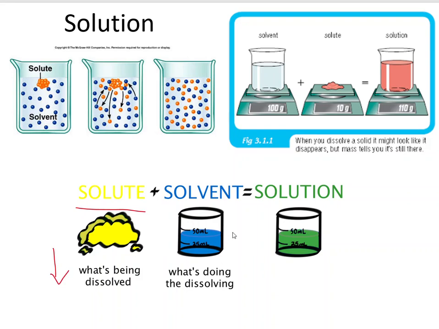The solvent is what's dissolving, and it's what you have the most of. So if you have more of this than you do of that, then this will be the solvent. The solution is what happens when they're both together. There's your solute and the solvent, and because of Brownian movement, these guys are going to space out, they're going to diffuse through there.